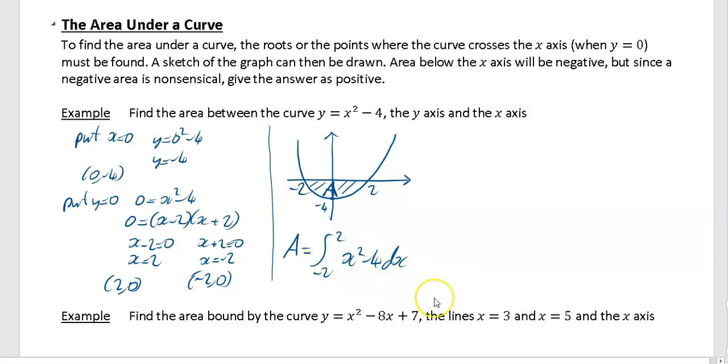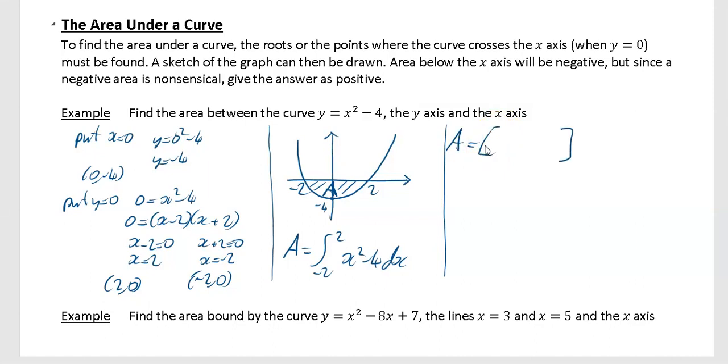Just continuing on at the top here, my area is going to be equal to square brackets, because I've integrated, and x squared integrated will give you x cubed over 3.